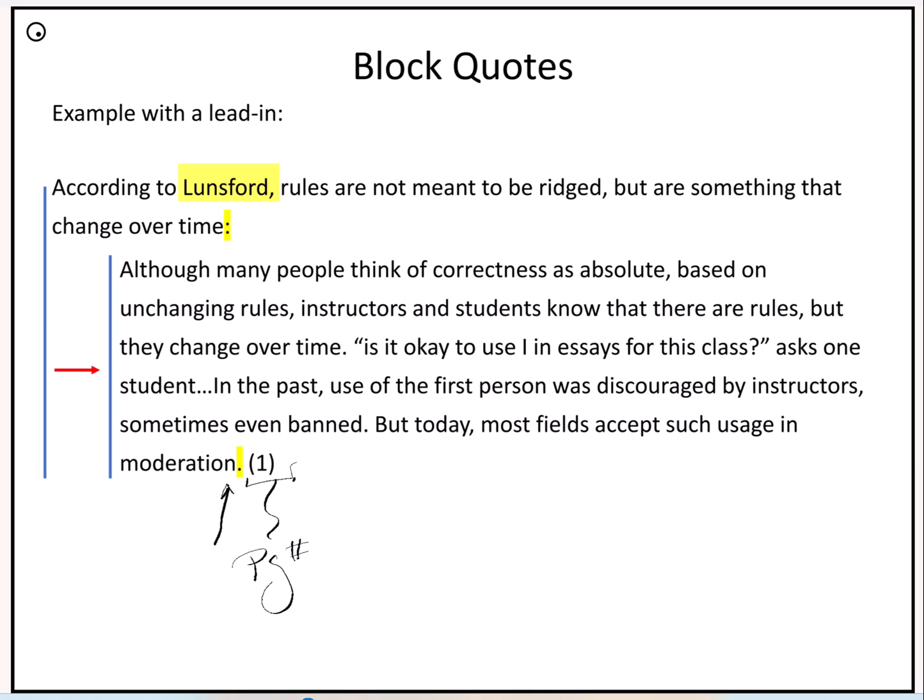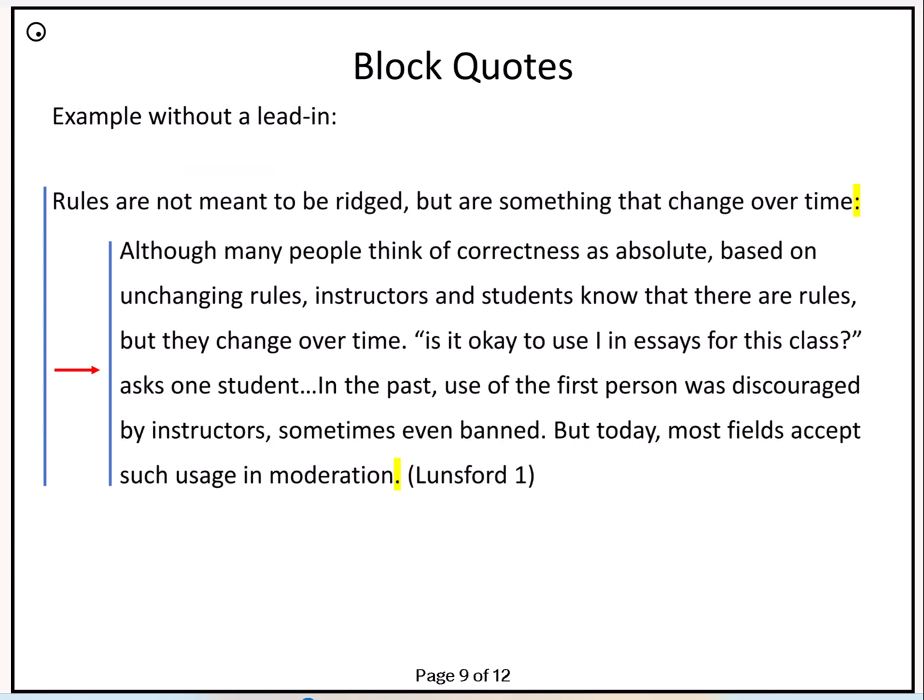Okay, so what if, say for example, we decided not to use the lead-in sentence? Same thing as before, you're seeing the same pattern. You would give your lead-in sentence without the author's name. So rules are not meant to be rigid, but something that can change over time.